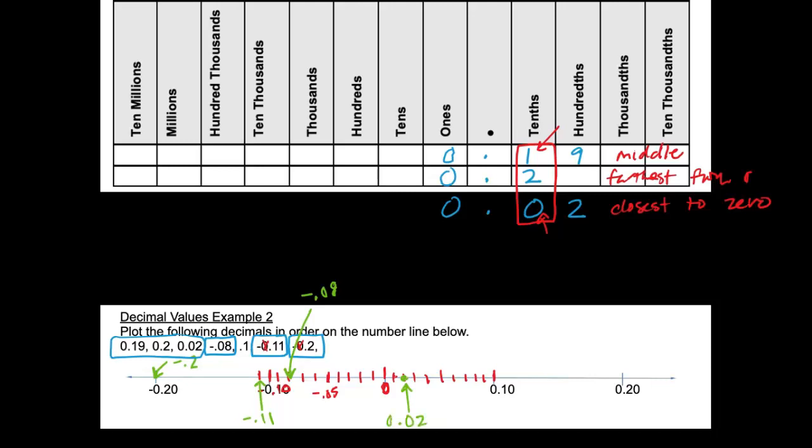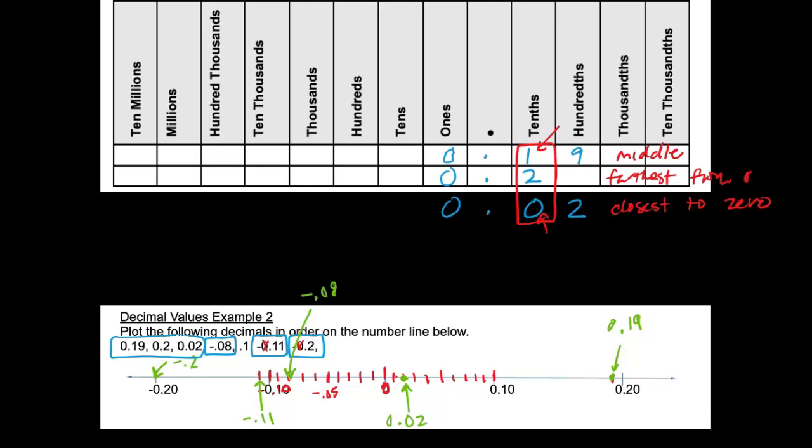I could put a 0 in front of that if I wanted to, but I could also leave that first 0 out. The next number is 0.19. If I've got 0.10 labeled there, 0.19 is going to be almost to 0.20, so it's going to be right here. I could put a 0 in front if I wanted to.